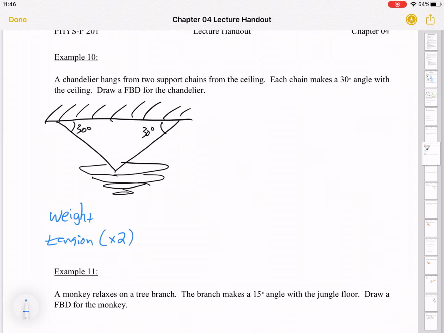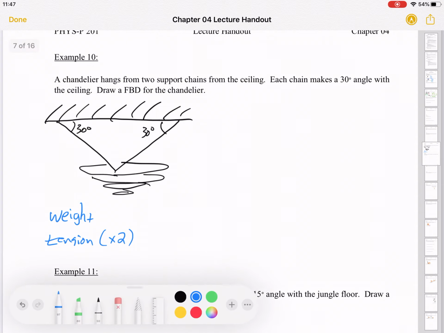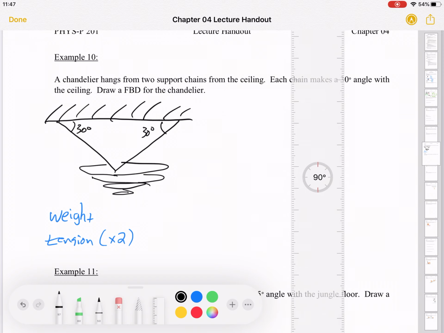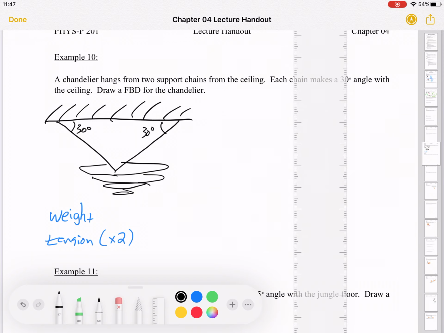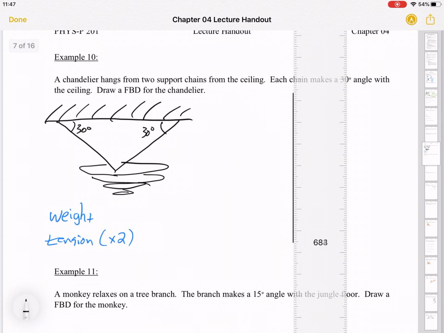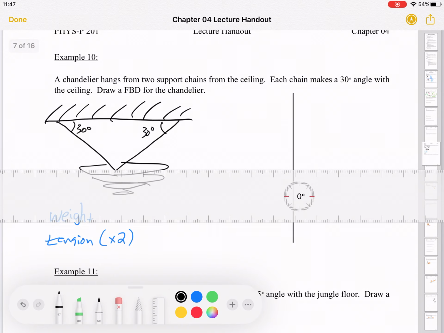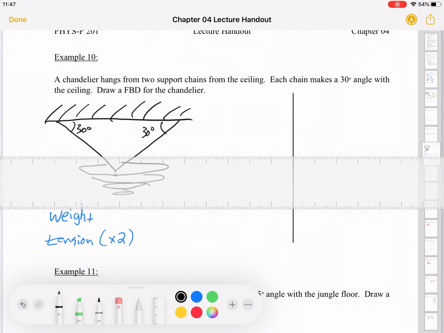So let's draw some axes. I'm thinking straight up and down is going to make sense. I could tilt it 30 degrees one way or 30 degrees the other way, but I'm thinking straight up and down makes sense. So let's draw that.